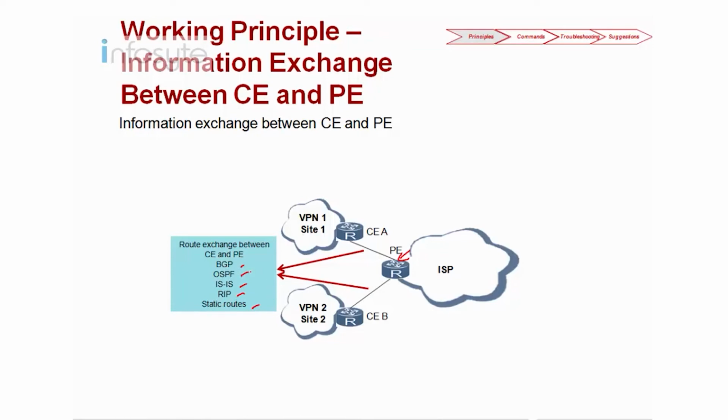They can run any protocol. The PE just needs to learn the route from the customer, and the PE equipment is going to send it to another PE using MP-BGP. So regardless of what type of protocol the customer uses, the PE has to exchange routes from the customer side.